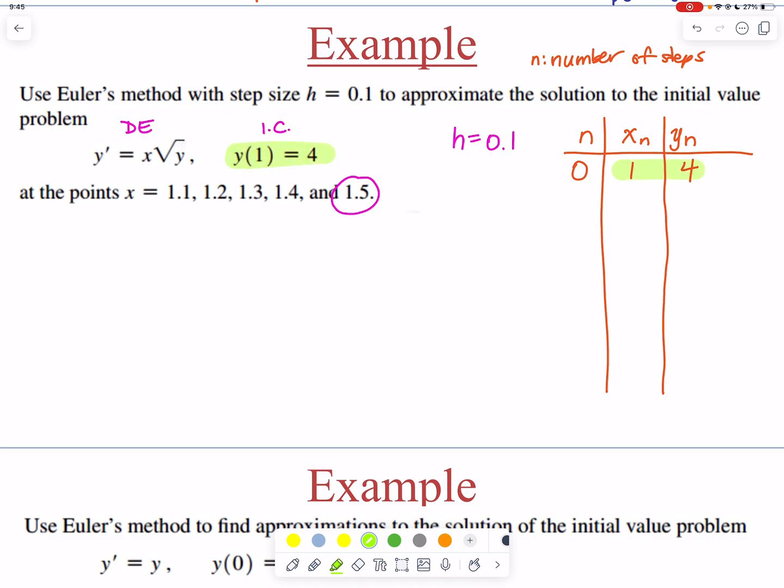So then if we are going to look at these X values, what do you note? We note that H is going to be equal to 0.1. And of course that was given to us, but we could have determined that. So we can actually now write our first step will be at 1.1, our second step, and so forth.